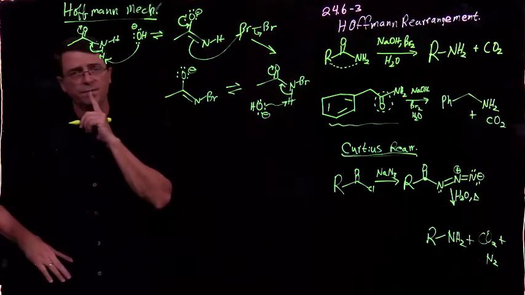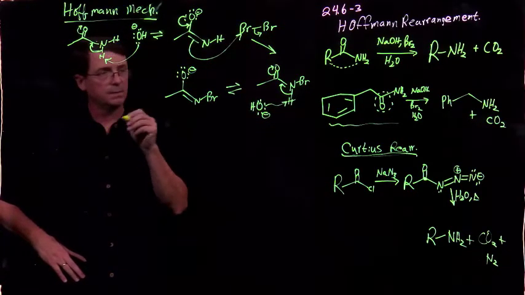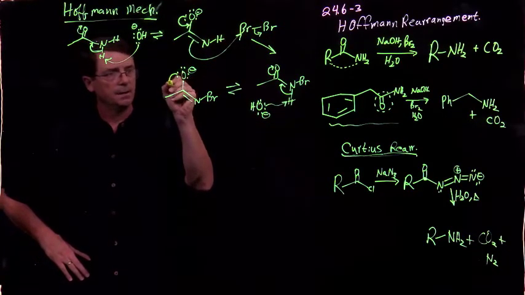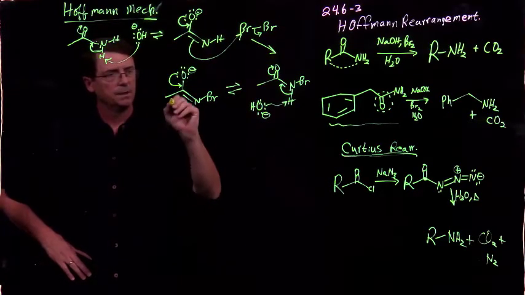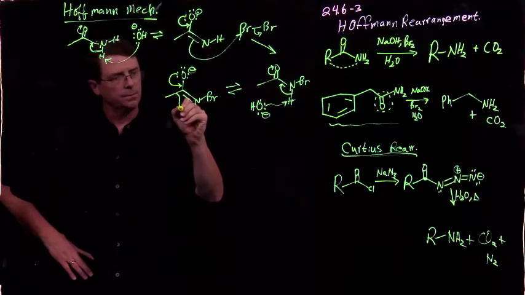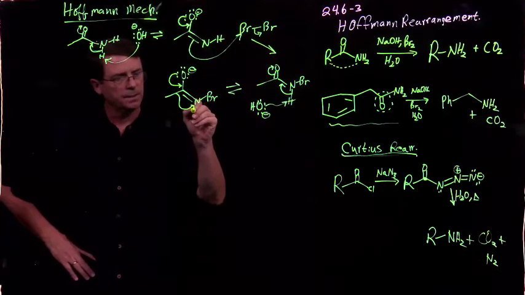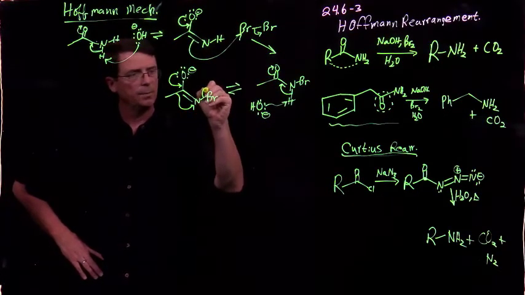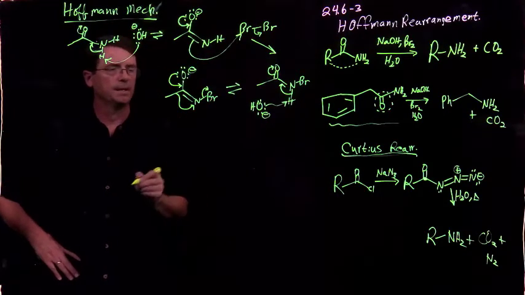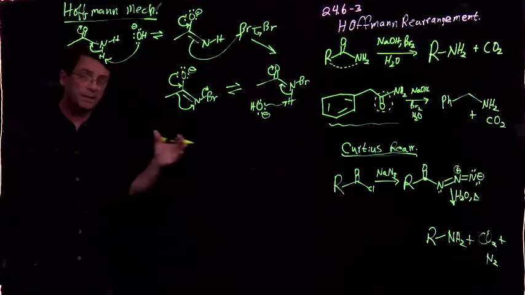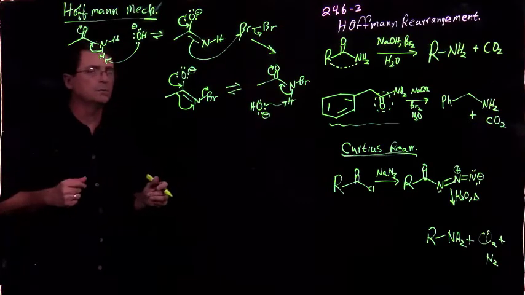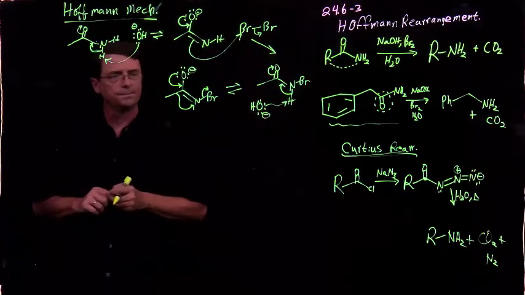So now a whole bunch of things happen at one time. So watch closely. As the lone pair from oxygen swings back down, the alkyl group migrates to nitrogen and the bromine leaves. This is all part of a mixing of a normal vibrational mode of this molecule.